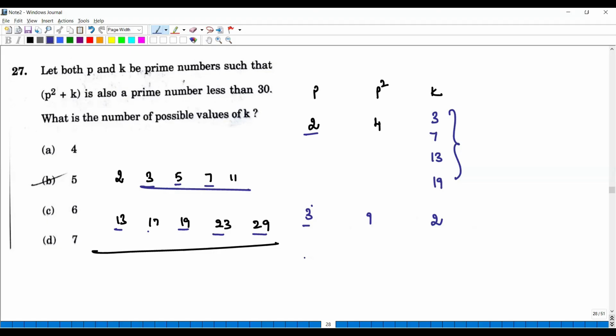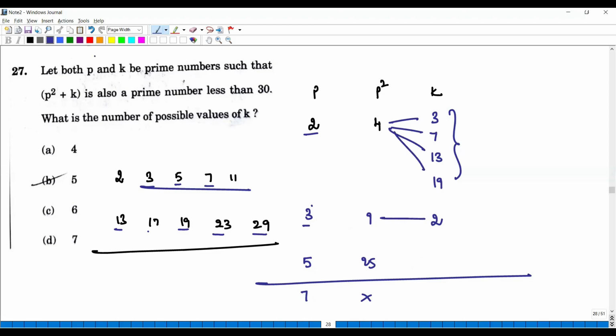Okay. So suppose p value is 5, 5 square is 25. 25 plus 2 you will try, but 25 plus 2 gives you 27. It is not a prime number. And I can't take 7 square because it exceeds 30. So how many possibilities are there? 1, 2, 3, 4, and then after 5, where p square plus k is also prime. So there are 5 possibilities.